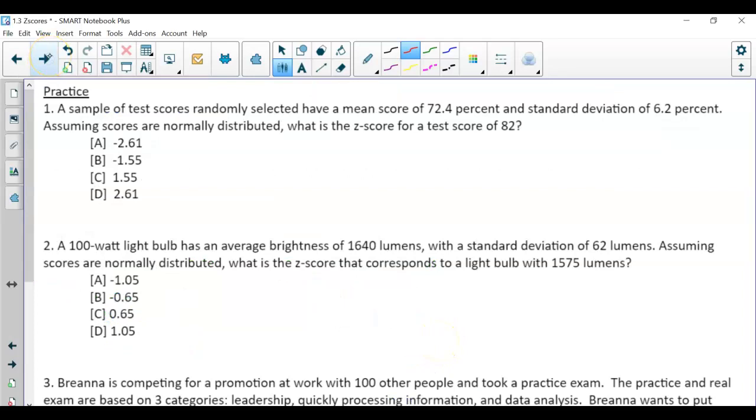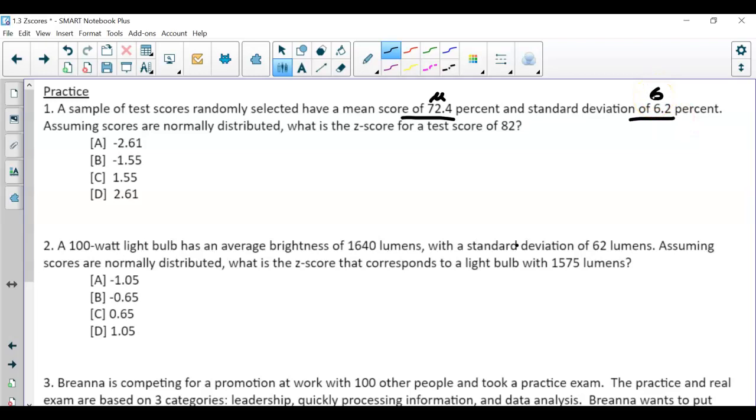So now go ahead and pause the video, try the practice problems, and then let's see how you do. And here we go. So for this first problem, you had to figure out the z-score, converting the z-score. The mean, mu, is 72.4%. Standard deviation, sigma, is 6.2%.